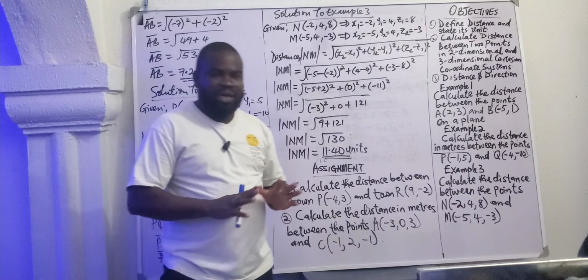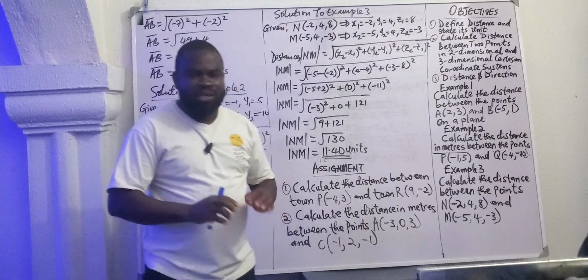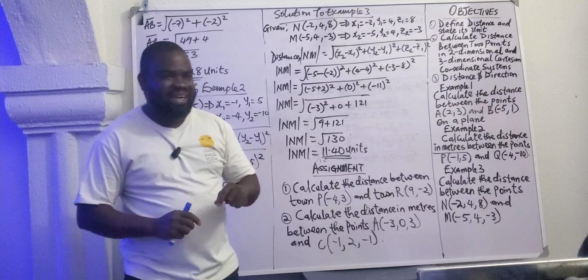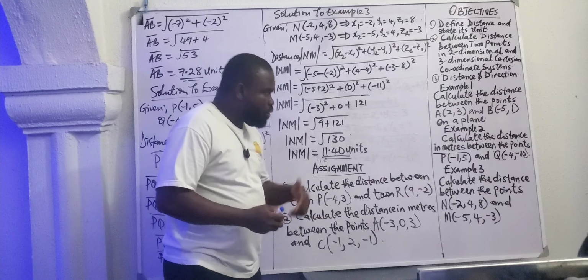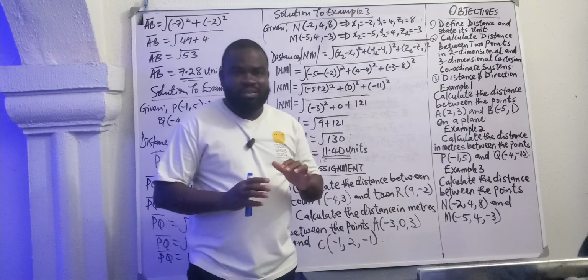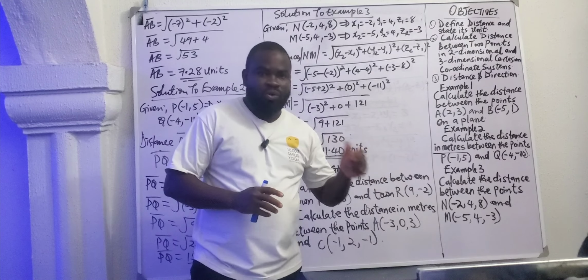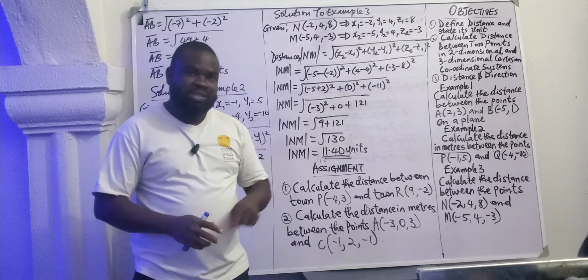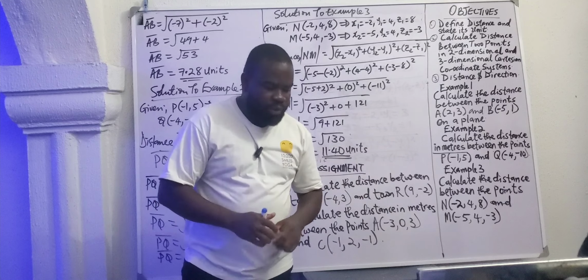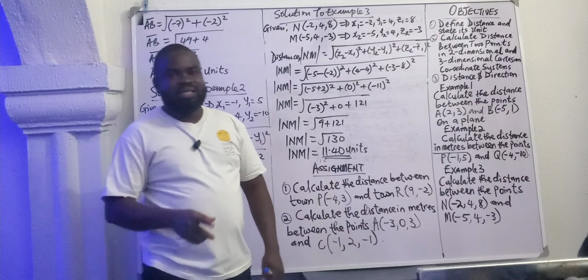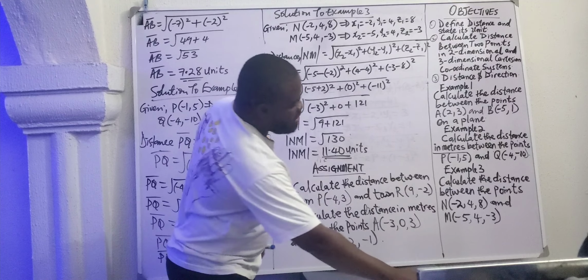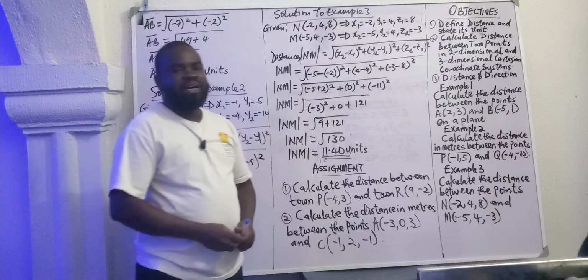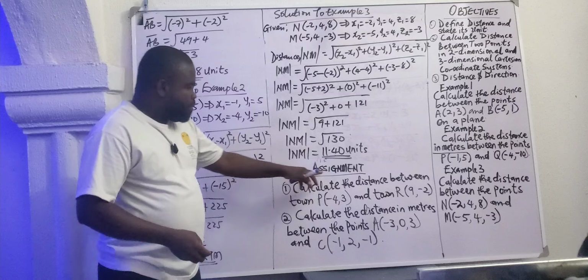And in physics, and in motion in particular, it is important to specify the direction of objects. So distance and its direction, when specified, we call it displacement. So I will consider that in the next class. We'll be talking about displacement, which is distance traveled in a specified direction.